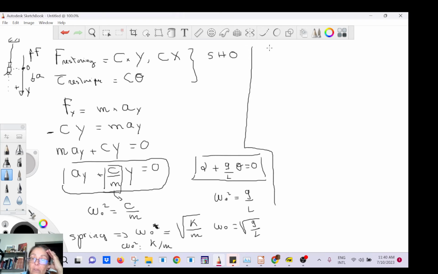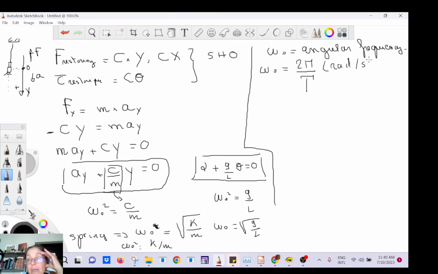So let's talk about omega 0. Omega 0 is what is called the angular frequency. You can define omega 0 each time you have a phenomenon that will repeat itself over a cycle, right? So omega 0 will be 2 pi over the period. So the unit is rad per second. Again, it's called a period, and the unit is in seconds.